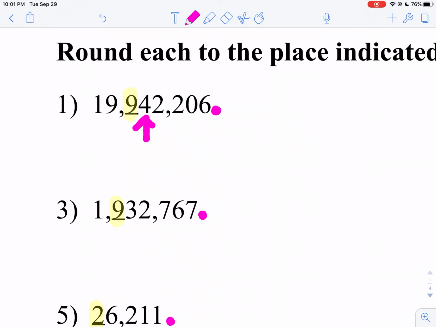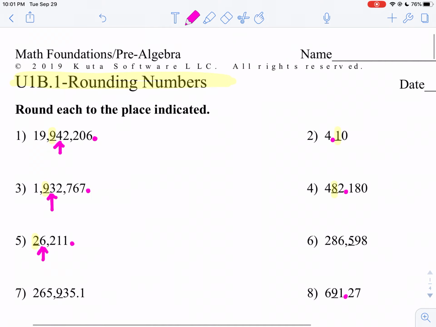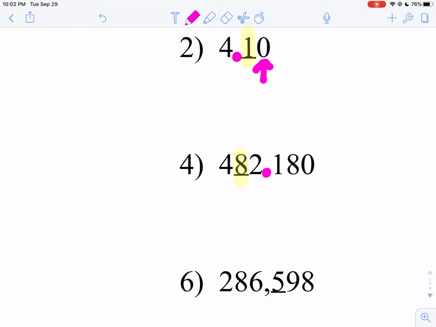That number 4 is immediately to the right of the highlighted number. In number 3, the number immediately to the right is the 3. In number 5, it is the 6. In number 2, it is a 0. And in number 4, it is a 2.